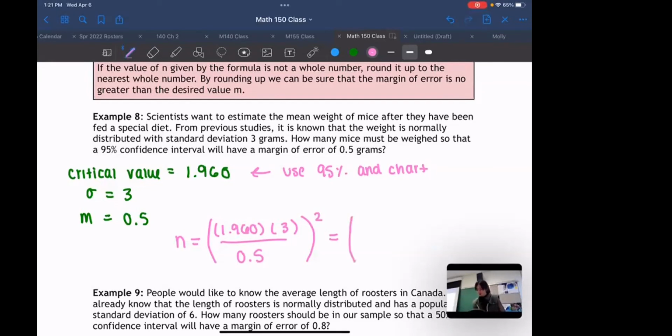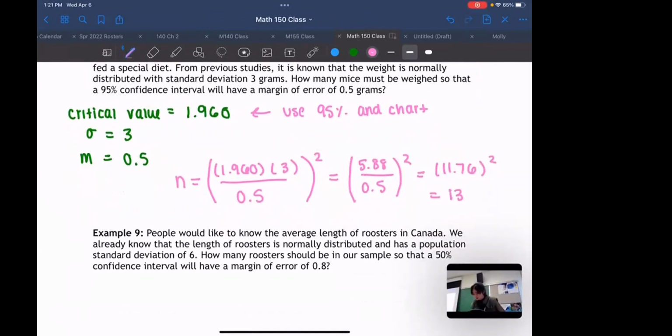I'm going to take this step by step. I'll do the multiplication first in the numerator to get 5.88 over 0.5, squared. Then the division to get 11.76, squared. And then I'm going to square it to get 138.298.